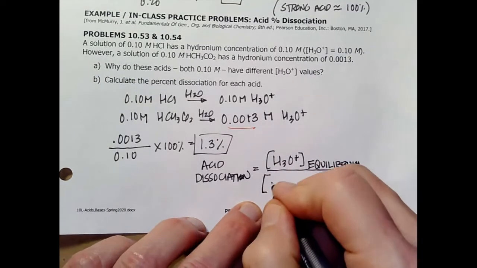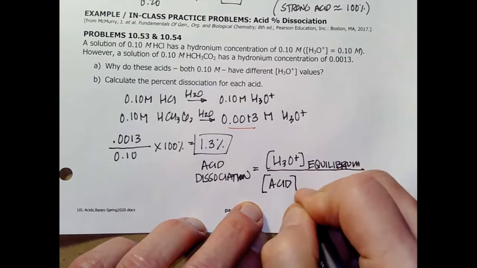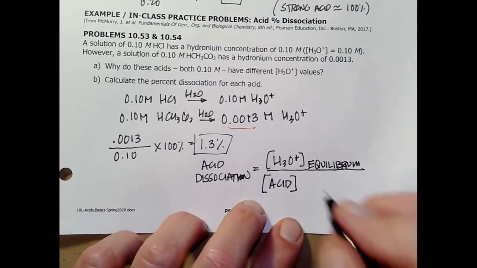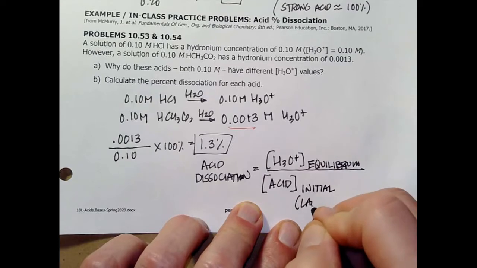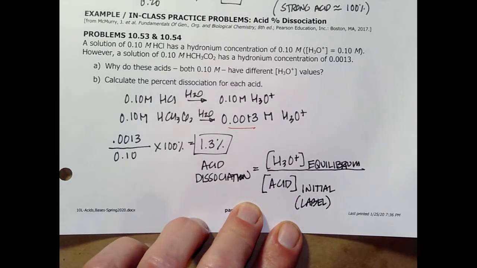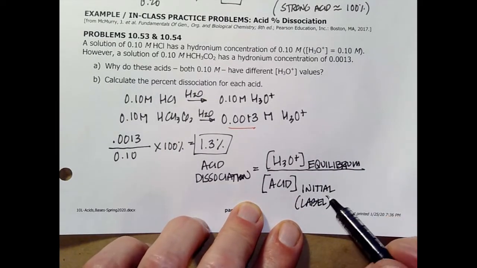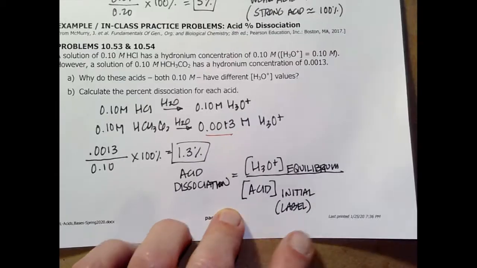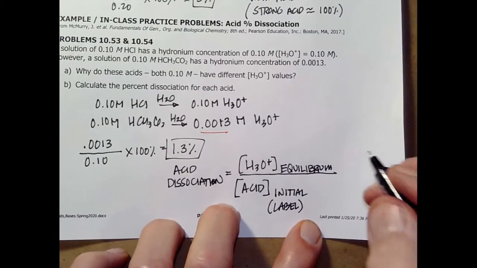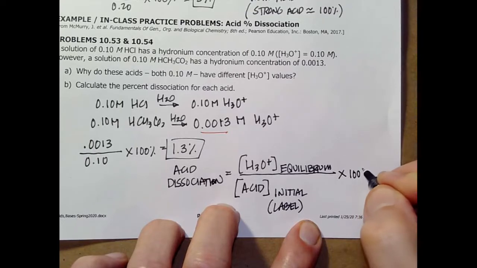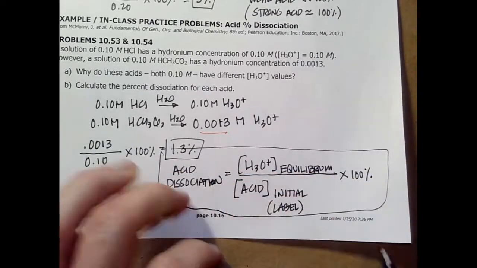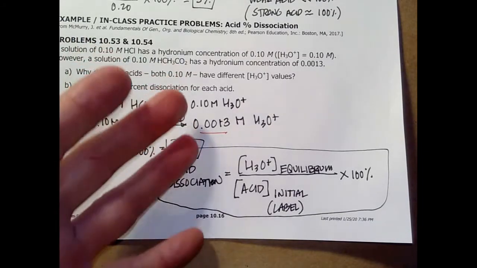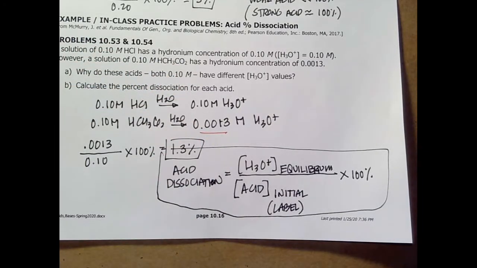And I can say that we compare to the concentration of the acid initially, or what was on the label. How much reacted versus how much was in there, and then to convert it to a percent times percent. But it sort of makes intuitive sense, but there is the formula if you want to strictly be able to follow that arithmetic.